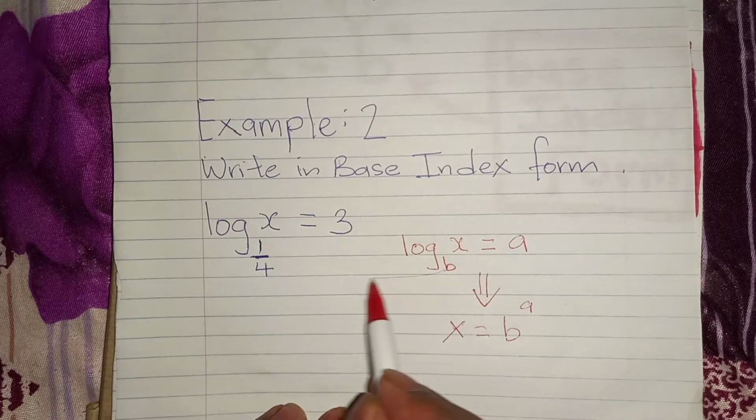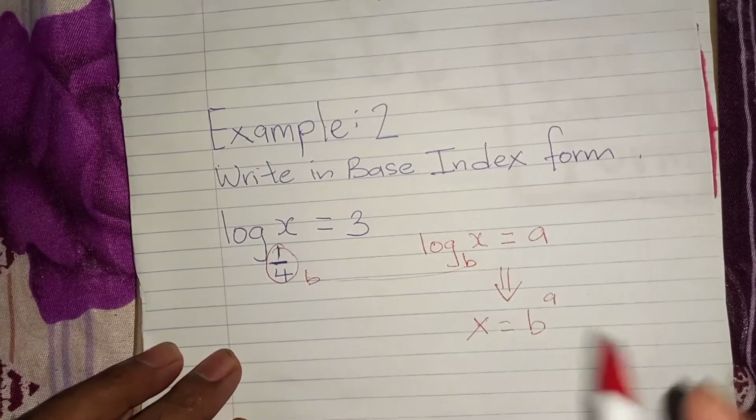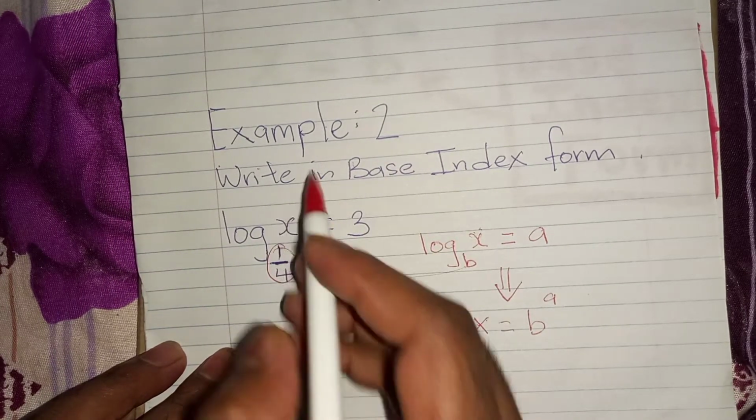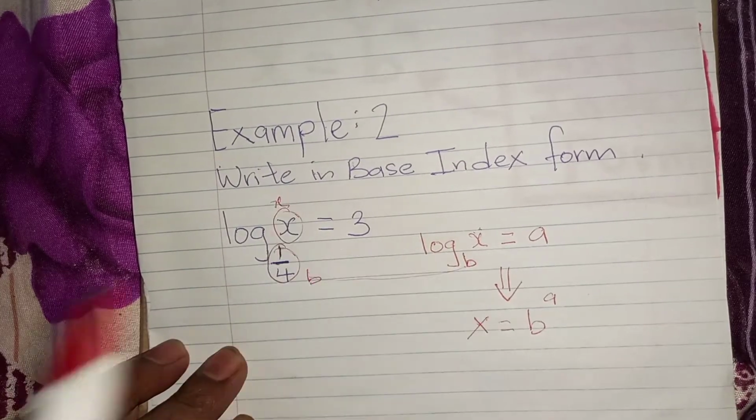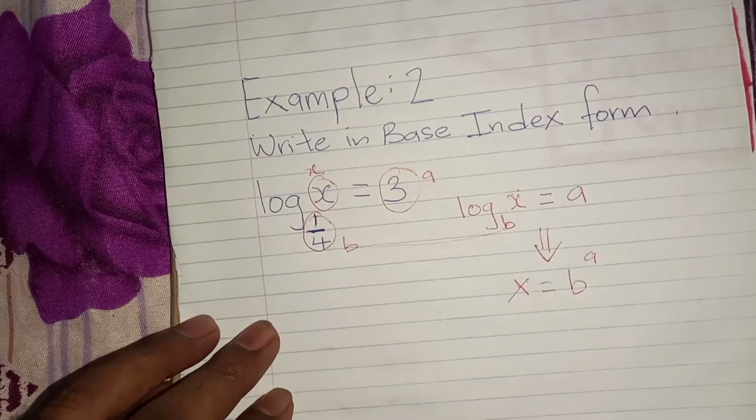So from here b is quarter, x is just x, and 3 will be a.